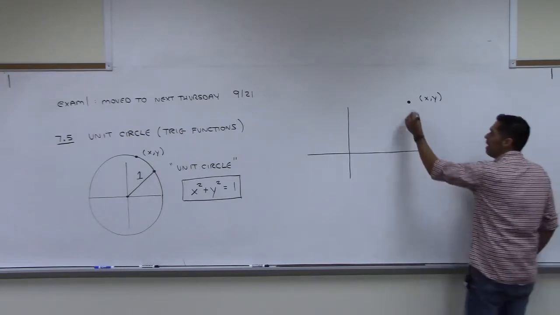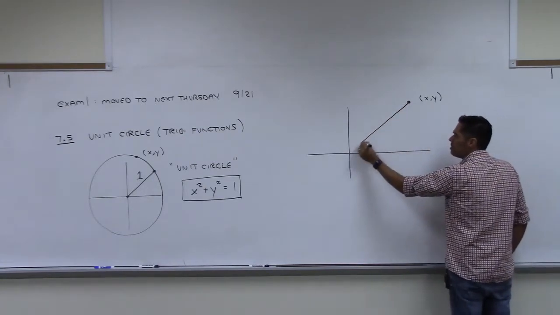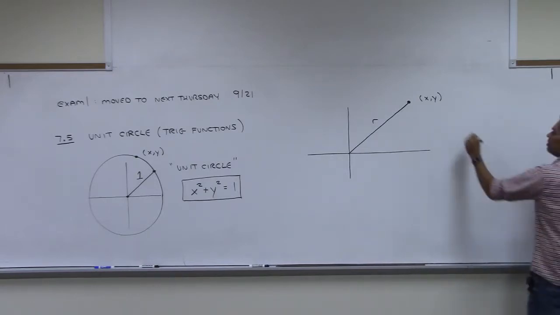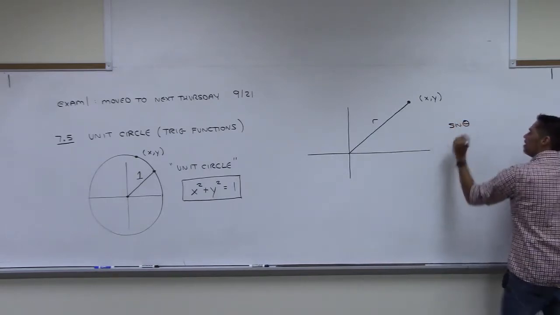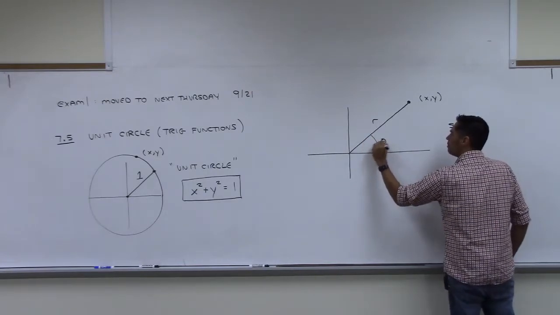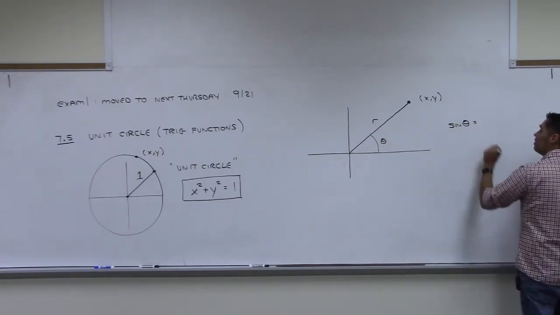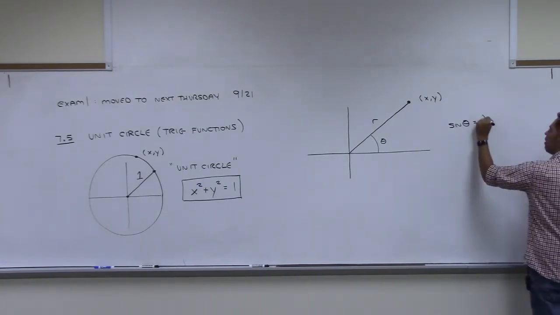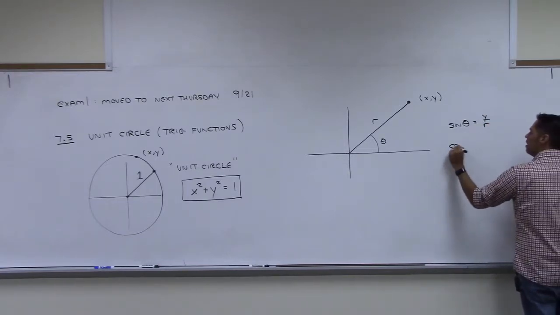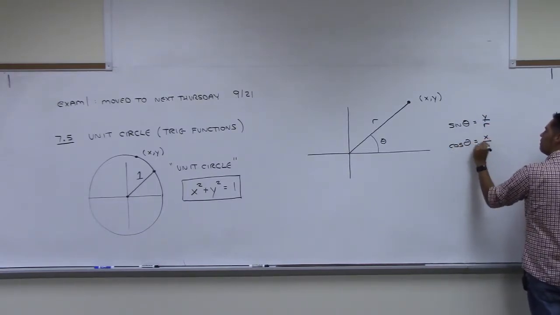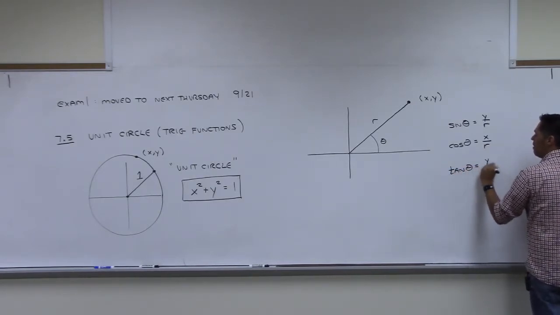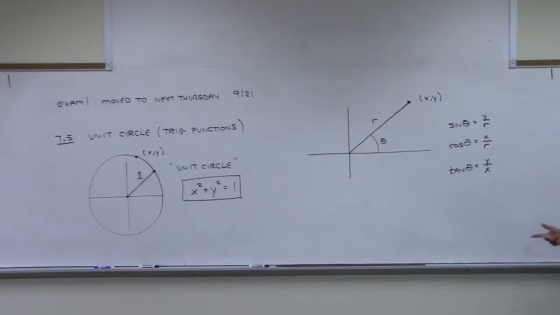And then what we did last class is we said, well, if we could measure the distance from the origin to that point, call it r, then we could define our trig functions. Sine theta, theta is this angle. We said sine theta is y over r. Cosine theta is x over r. And tangent theta is y over x. And then the other 3 functions are just the reciprocals of those, right?